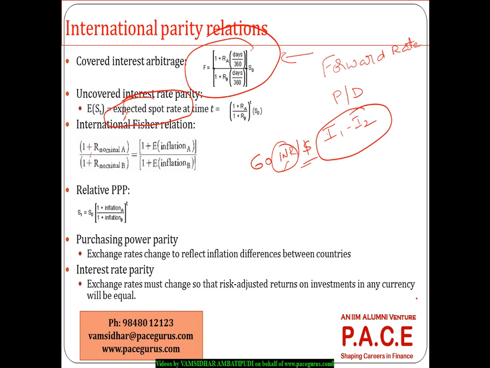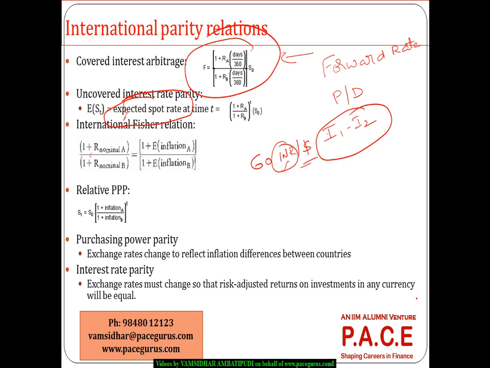Whereas when I am using the word uncovered, it is not bound by any form of arbitrage, because as we have discussed in the covered case, the arbitrage is forcing the forward exchange rate to come in line with the interest rate differentials between the two countries.